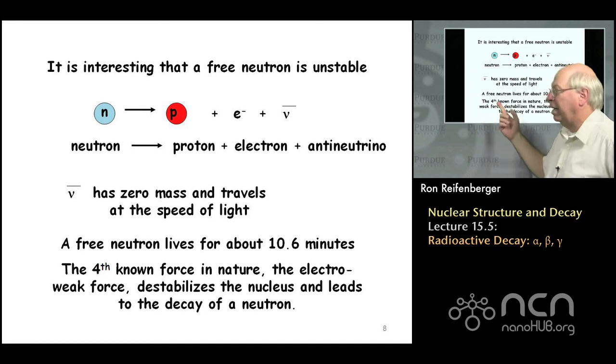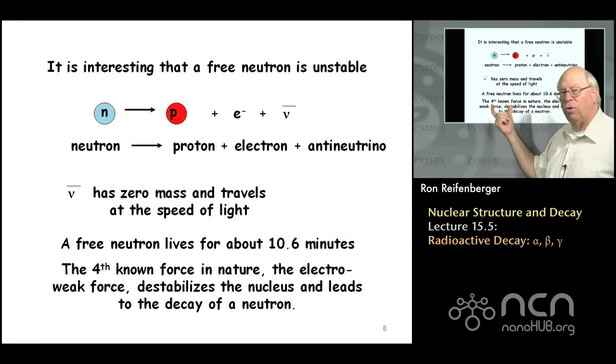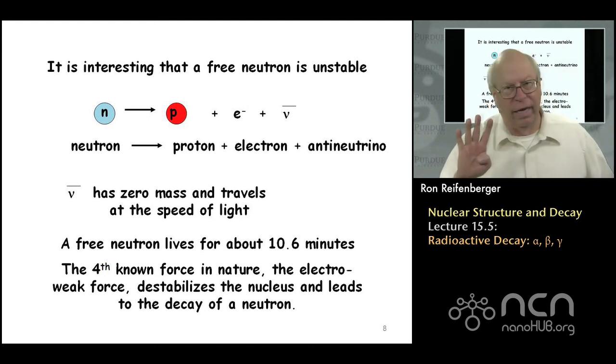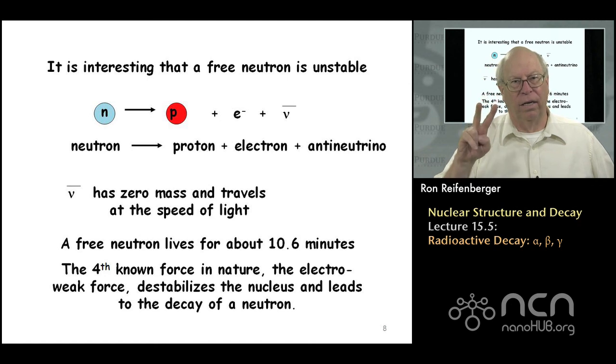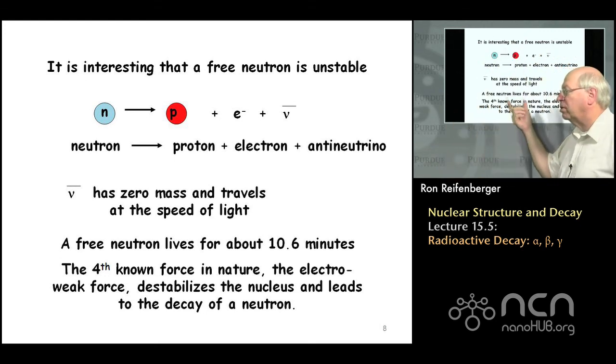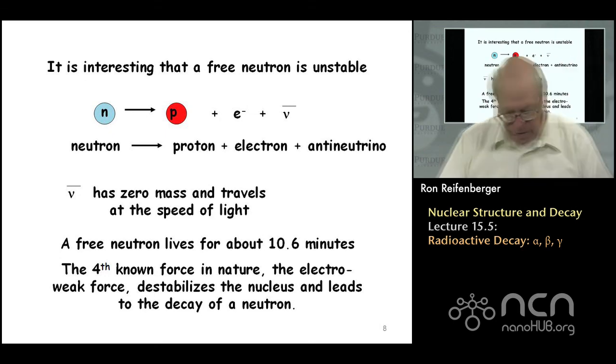We're not going to talk about this electroweak force in the course, but it completes our understanding of forces in nature. So now there are 4 forces: gravity, electromagnetism, the strong nuclear force that we discussed in the previous few lectures, and now this electroweak force that's responsible for this particular nuclear reaction.